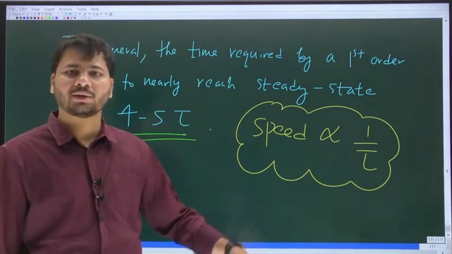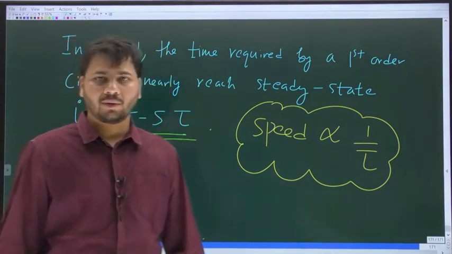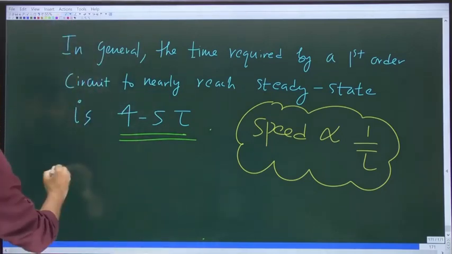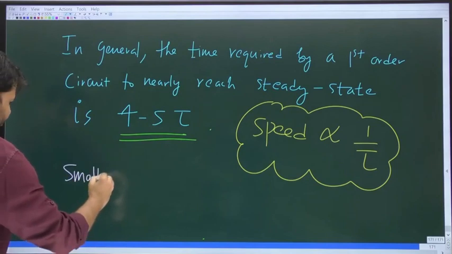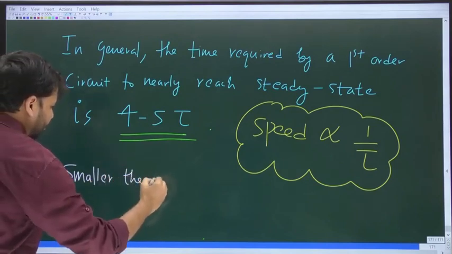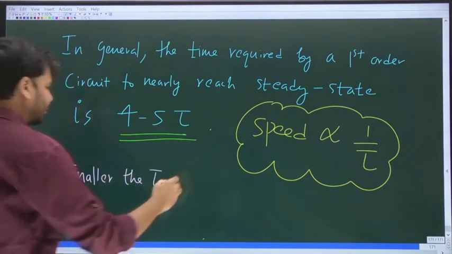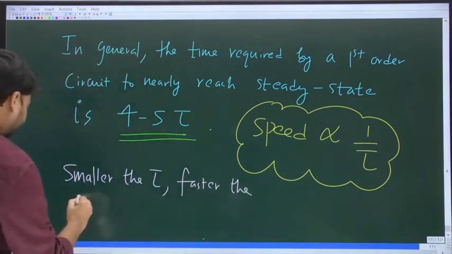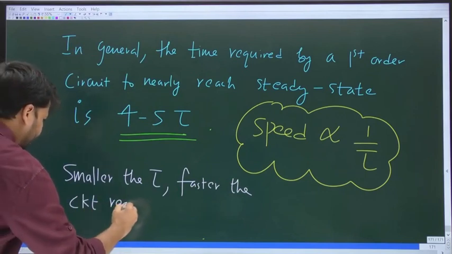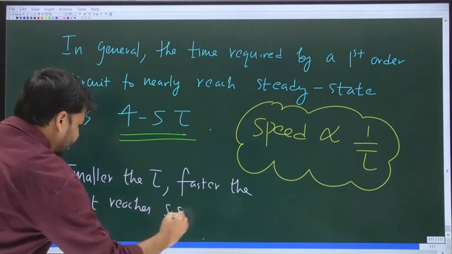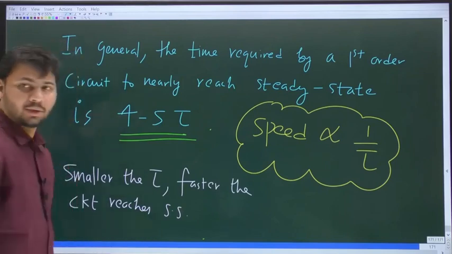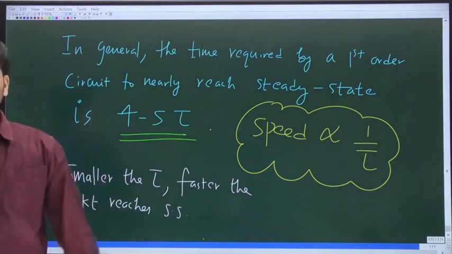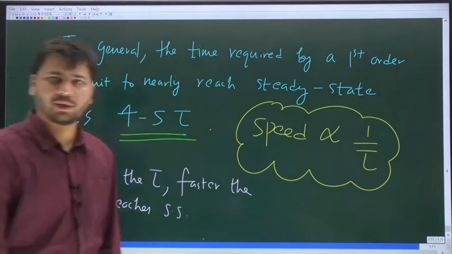The smaller the tau, the faster the circuit reaches steady state. That is why speed and time constant are inversely related to each other. I hope it is clear, okay?